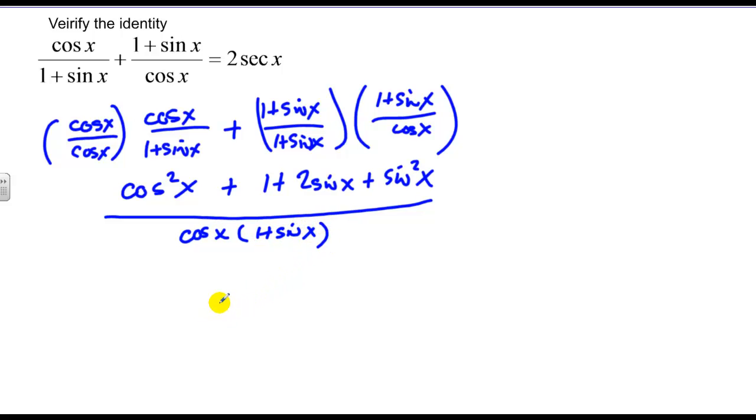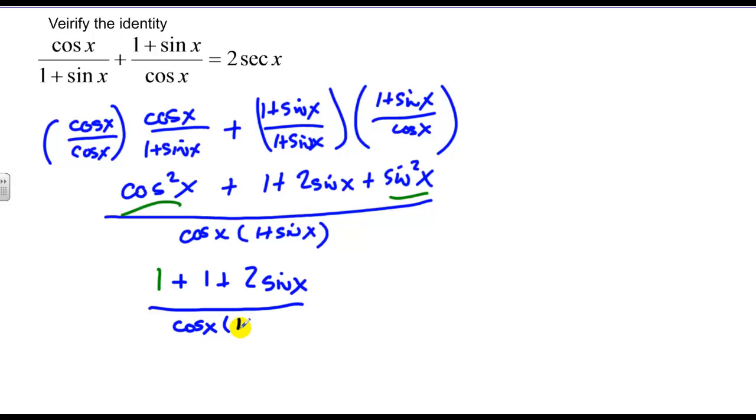I'm going to combine some like terms, which I don't have any, but I notice within this I've got sine squared plus cosine squared. That's a Pythagorean identity of 1. So that's 1 plus 1 plus 2 sine of x over cosine of x times 1 plus sine of x.